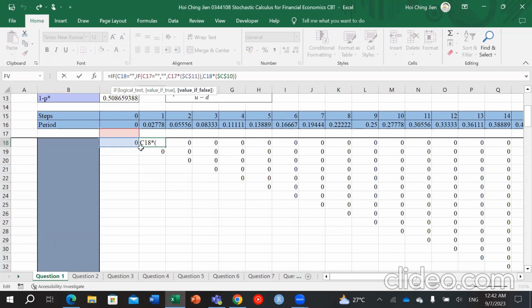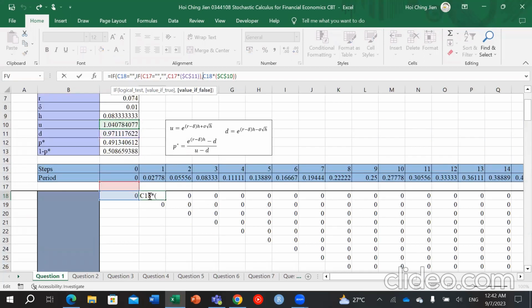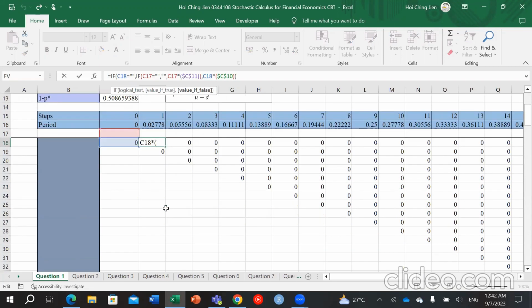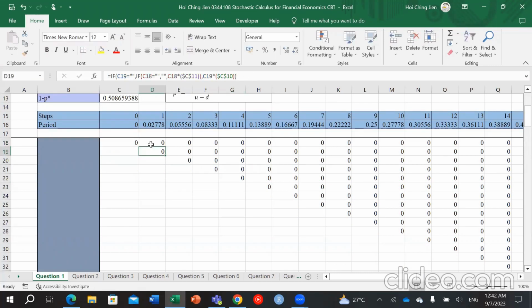If the C18, which is the value before this, the stock price is 0, we have another if-else function. If the value above it is 0, it will become 0. Else it will become this value multiplied by the d value since it's downwards. Else, we will use the stock value multiplied by the up factor. So for every single step, we use this function.